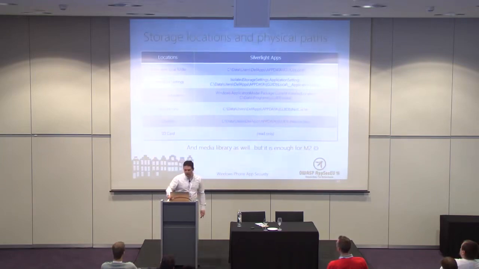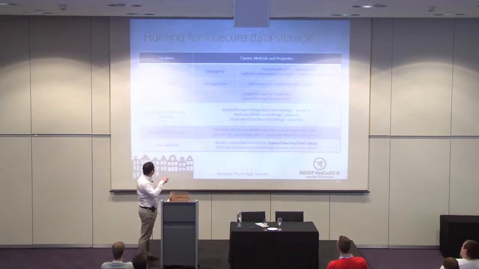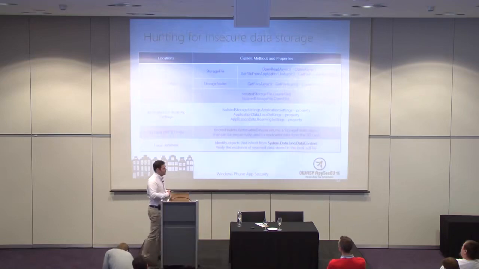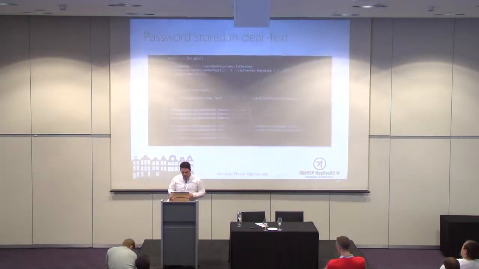By the way, when we are asked to hunt for insecure data storage, my suggestion is to have a look at a series of methods, classes, and properties, try to map them, and then look for meaningful keywords that should be researched inside our code.